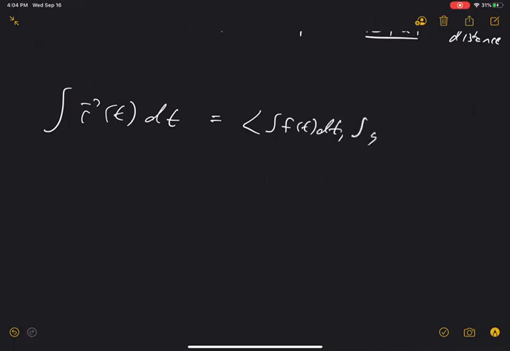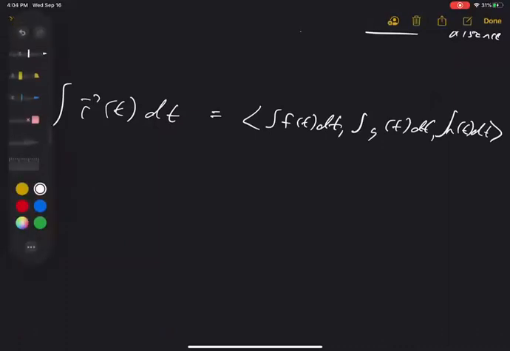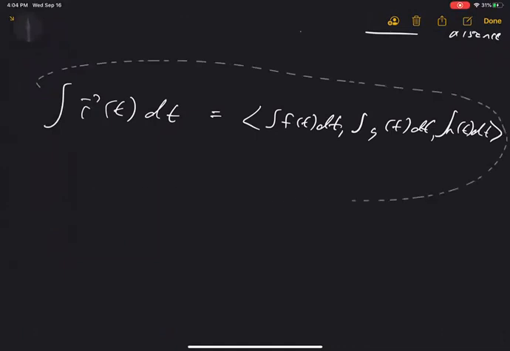And just like with integration of a function from R to R, when I have an indefinite integral, I should end up with a constant of integration, right?